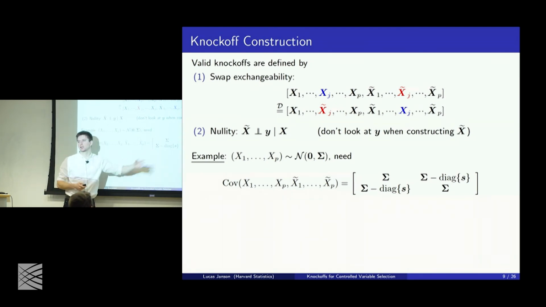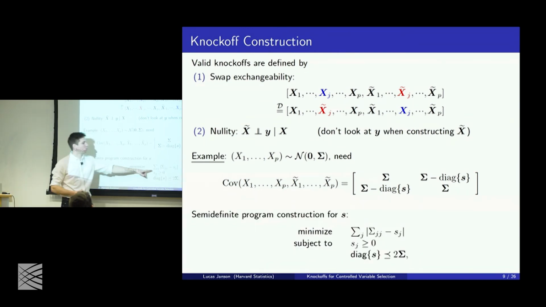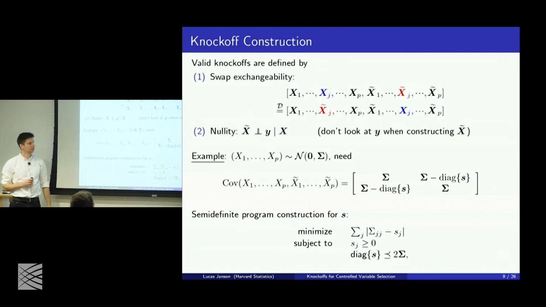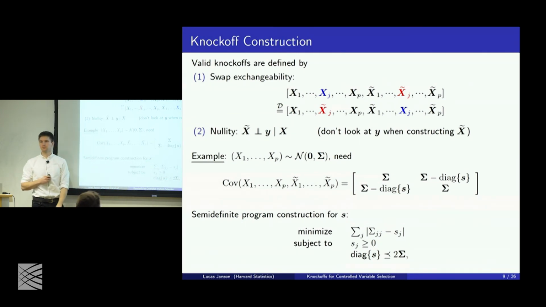And then, how am I actually going to find a good s? I'm going to do that this way. What I'm saying is I want x and x tilde to be as uncorrelated, as small covariance as possible. I'm going to minimize the sum of the covariances, and then set these constraints that basically make this a positive definite covariance. It's not immediately obvious, I probably should have written this differently, but this is equivalent to this thing being positive semi-definite.